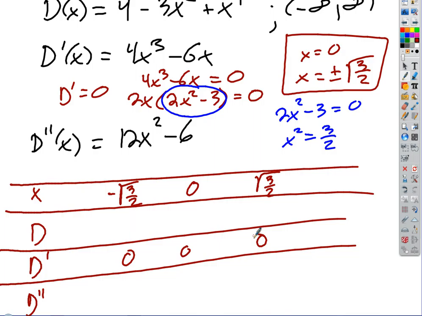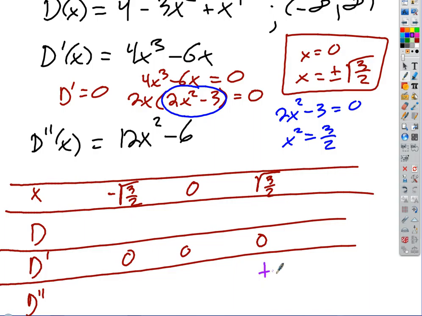Okay, so if we check the sign of the second derivative at a positive value, square root of 3/2, let's see, that's going to be bigger than 1, right? So a number bigger than 1 squared times 12 minus 6 is clearly positive.